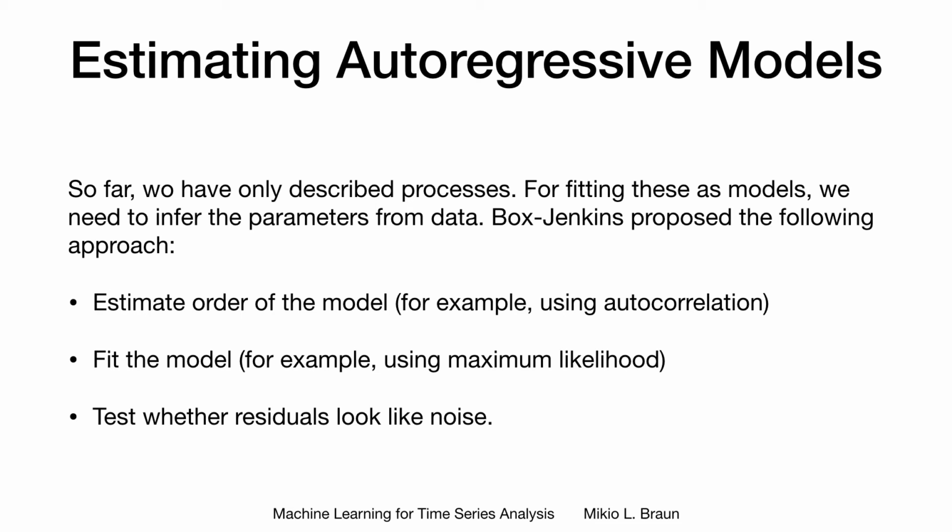There's a famous book by Box and Jenkins, I think from the 70s, which defined the standard procedure for how you should go about estimating the model. Essentially they describe three points. First, you estimate the order of the model using the autocorrelation or the partial autocorrelation, and then you fit the model, for example, using maximum likelihood.